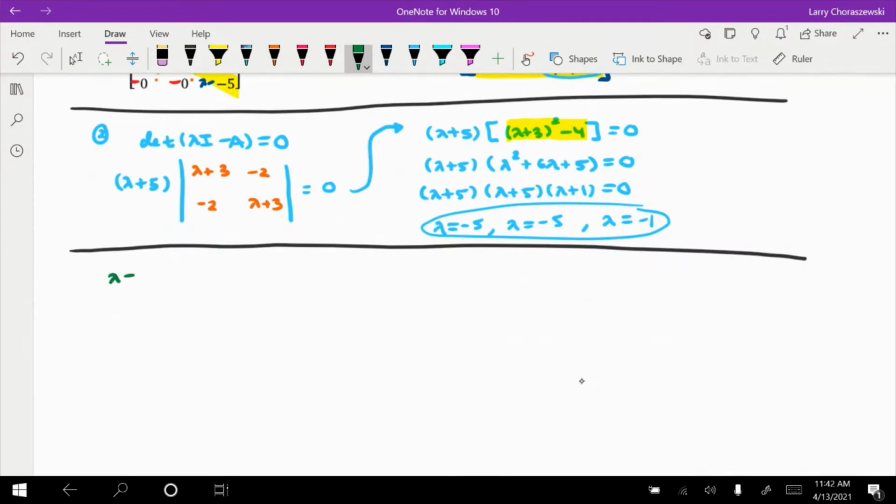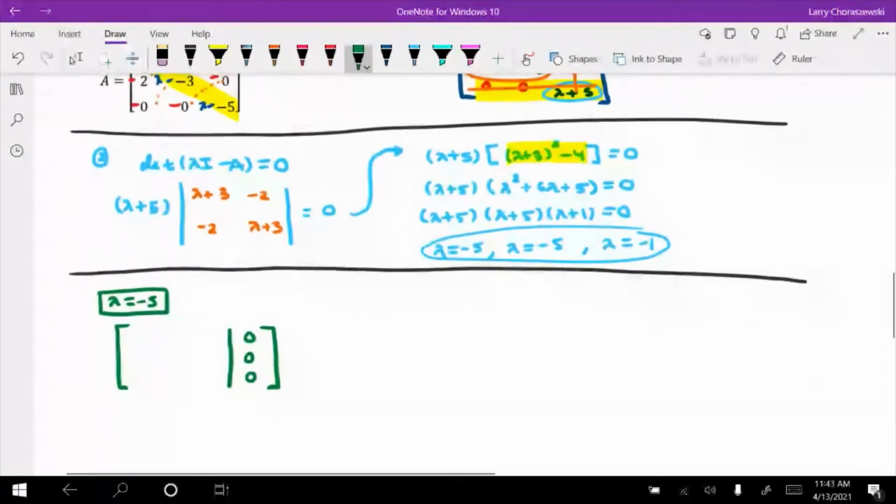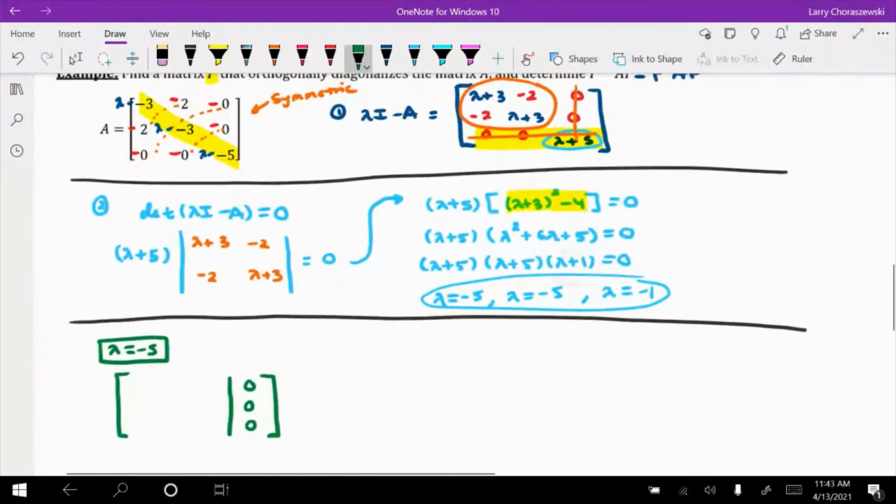Okay, so let's do lambda equals negative 5. And remember, we're going to augment lambda I minus A with -5 in place of lambda with the 0 vector. Now, if we use -5 in lambda I minus A, each lambda turns into -5.